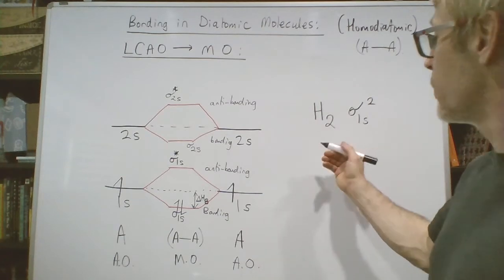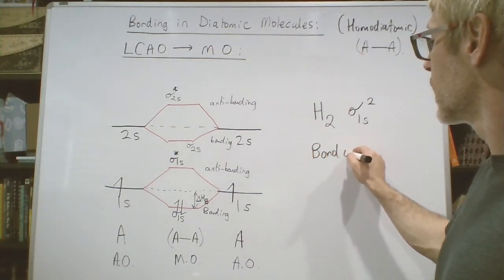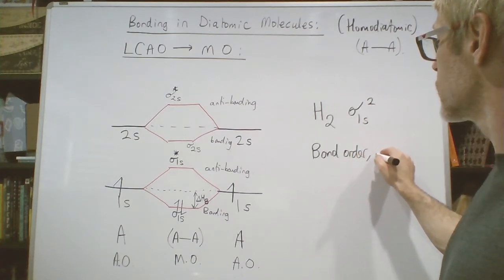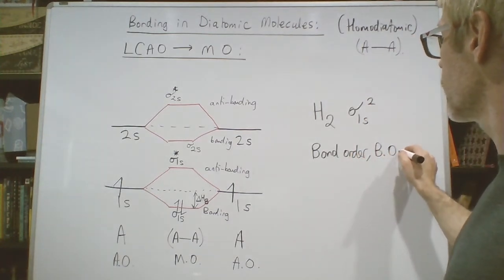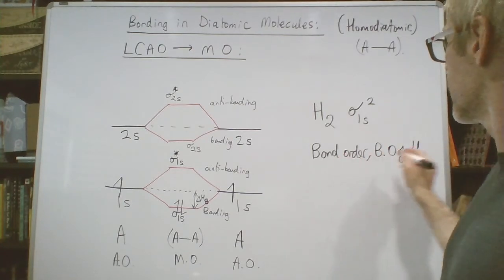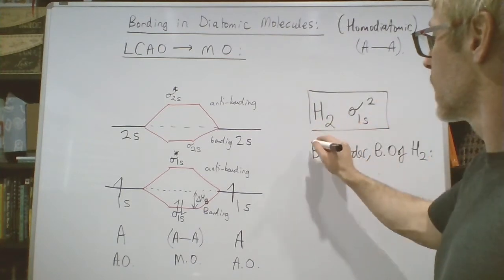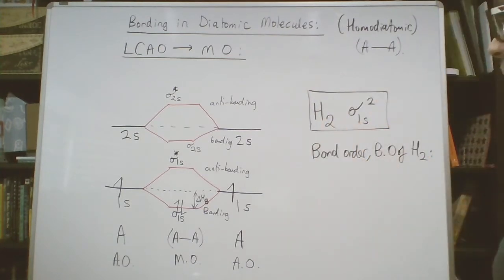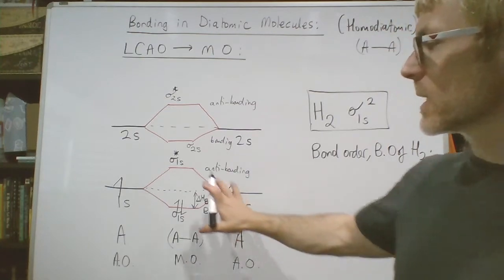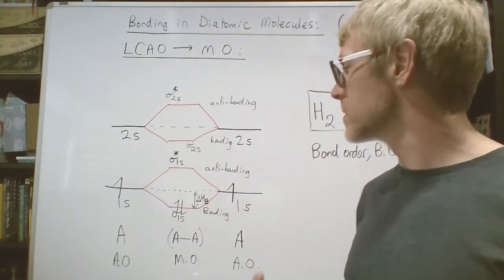If we wrote the bond order, which I'll typically just call BO of H2, then the bond order of H2 essentially looks at the sum total of all the bonding and anti-bonding orbitals.